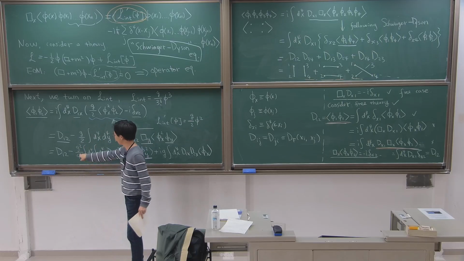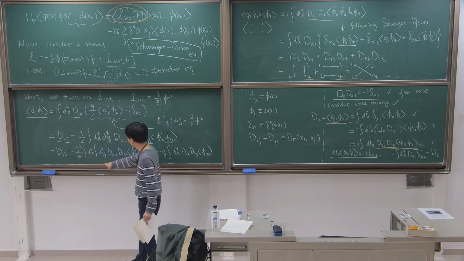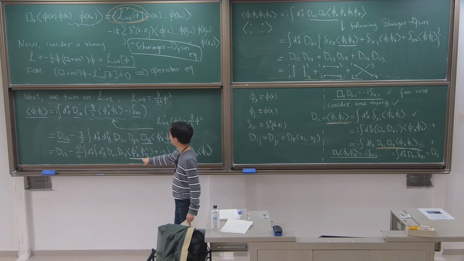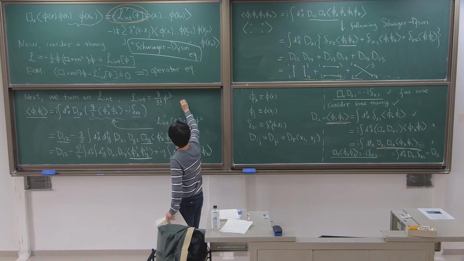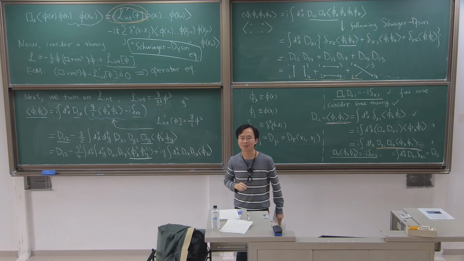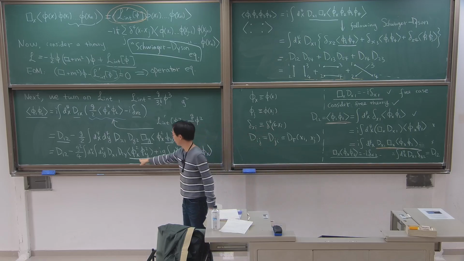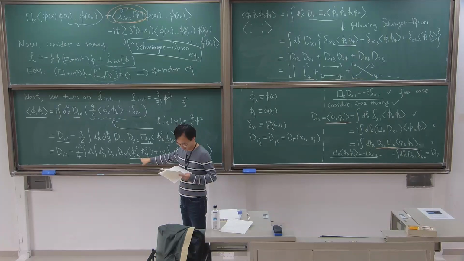For instance, in this case, if I get a g squared, if g is small, I can approximate this term by the free result, because I only care about the result up to the g squared order. If I care up to the g squared order, I can approximate this one by the free field result.